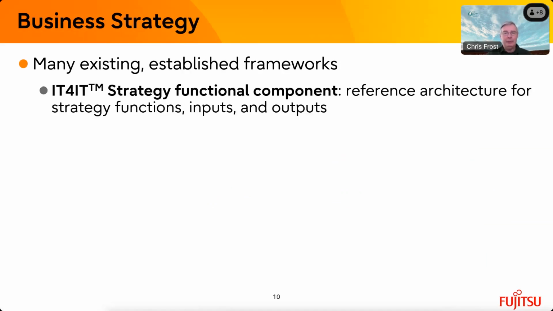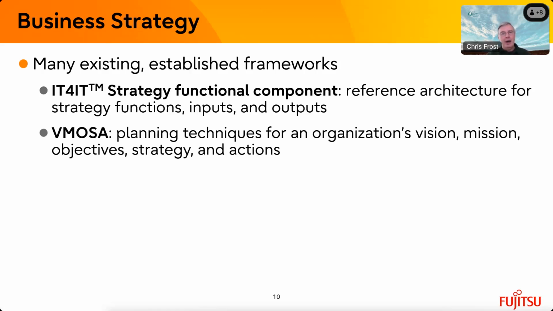An example comes from the Open Group's own IT4IT standard, where within that you've got the reference architecture that essentially spans the whole of the digital business lifecycle from strategy all the way through to operations, and the strategy functional component, as it's called within the standard, defines the necessary strategy functions and inputs and outputs.